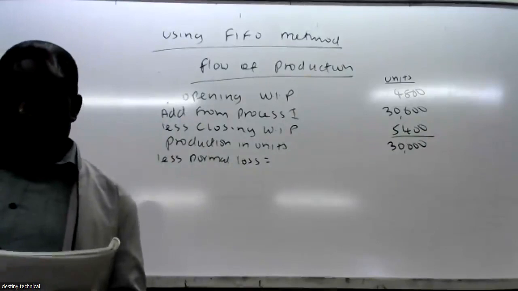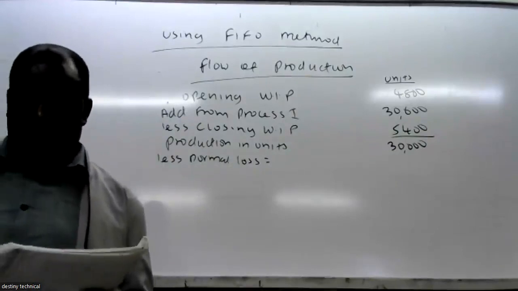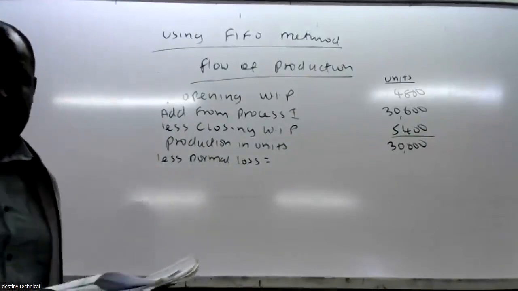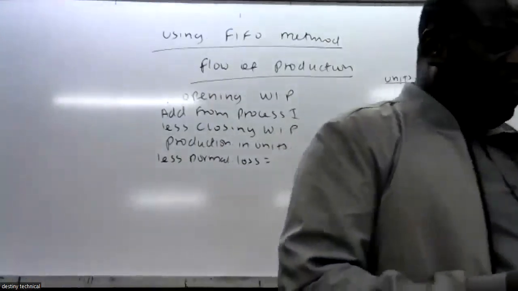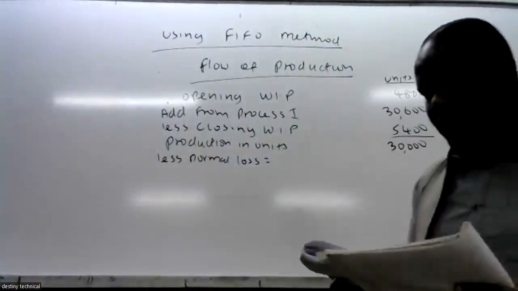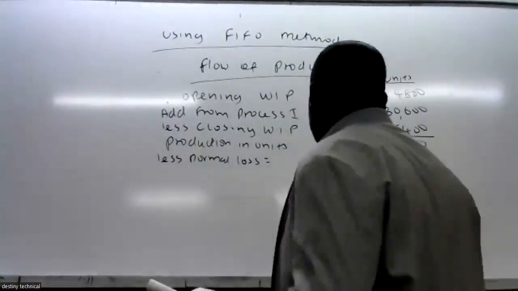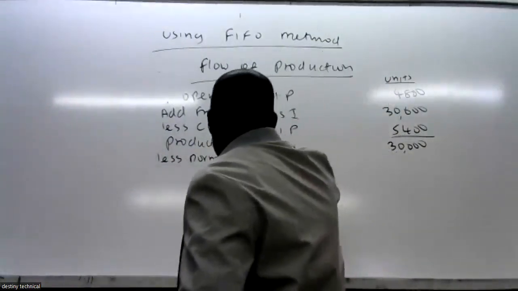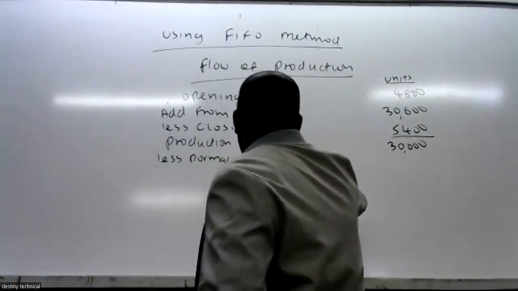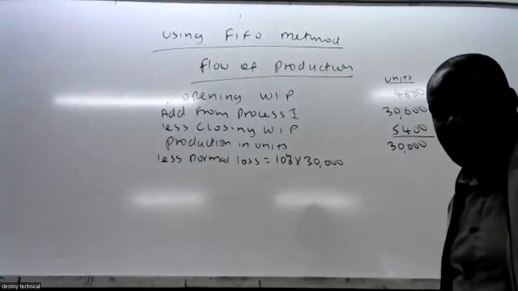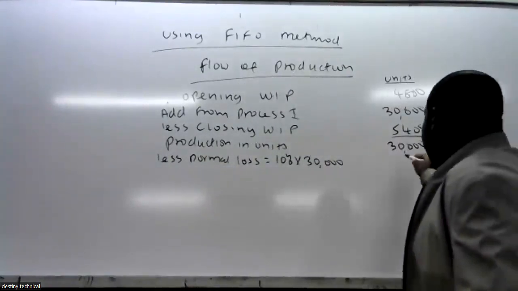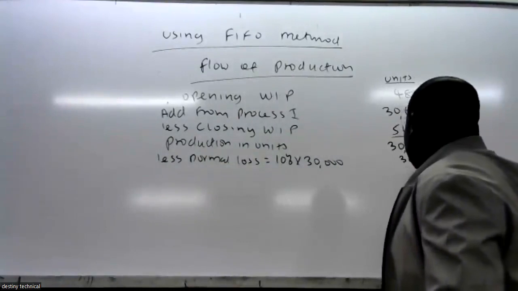So for the normal loss, I would like you to go to note number 6. Note 6 says that there was a normal loss of 10% of the production at the process. So we get 10% of 30,000, which should give you 3,000.